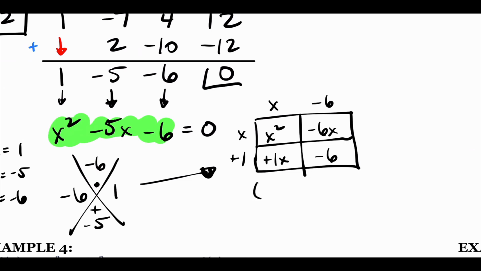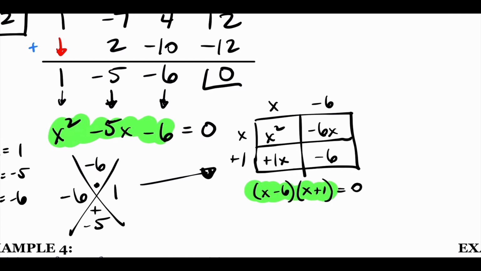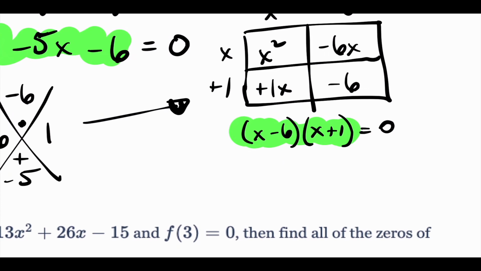Okay, so this is the factored form of x squared minus 5x minus 6. How many zeros do I get? Or how do I find the zeros now? Yep, set them equal to 0 like you've done many, many times.